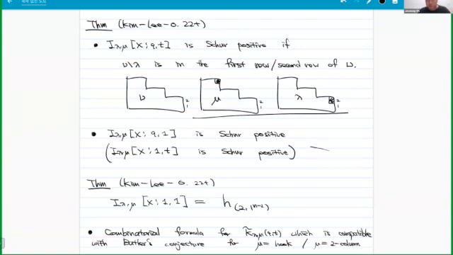That's how we prove this Schur positivity. Specializing one of the variables to its inverse, I'm not sure. Our technique does not work for sure, but we haven't thought about it yet.